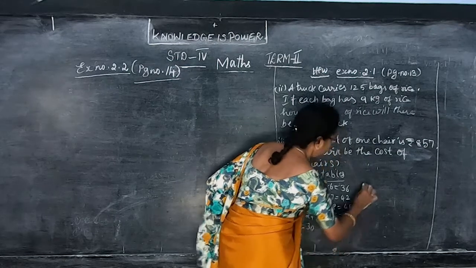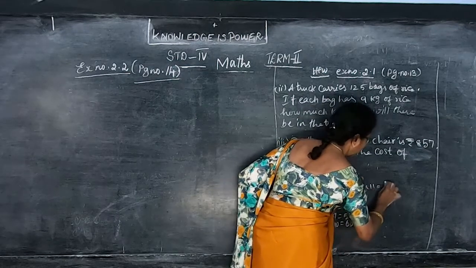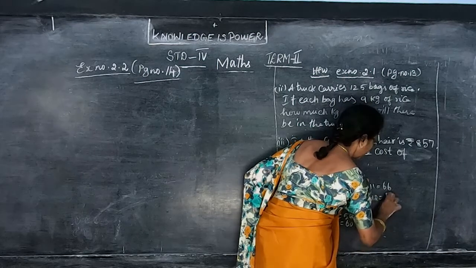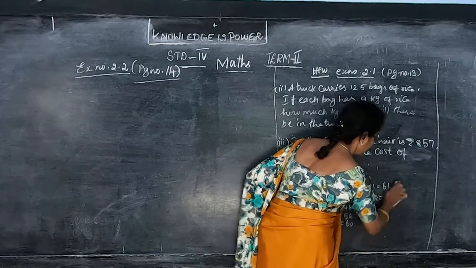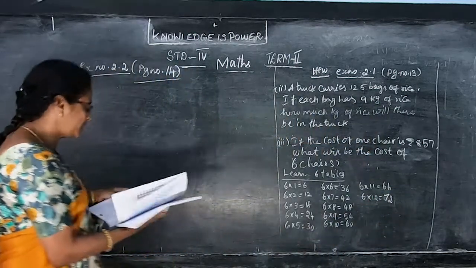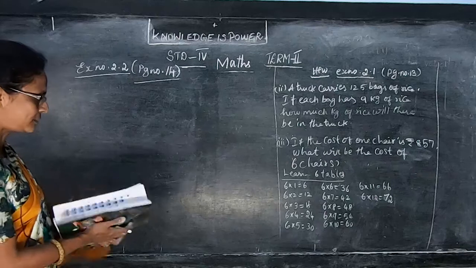We can write till 12, but in your book they are given only 10. You can learn the 12 also, that will be 6 twelves are 72. So this is the table you have to learn, and for this they are given sums like this.